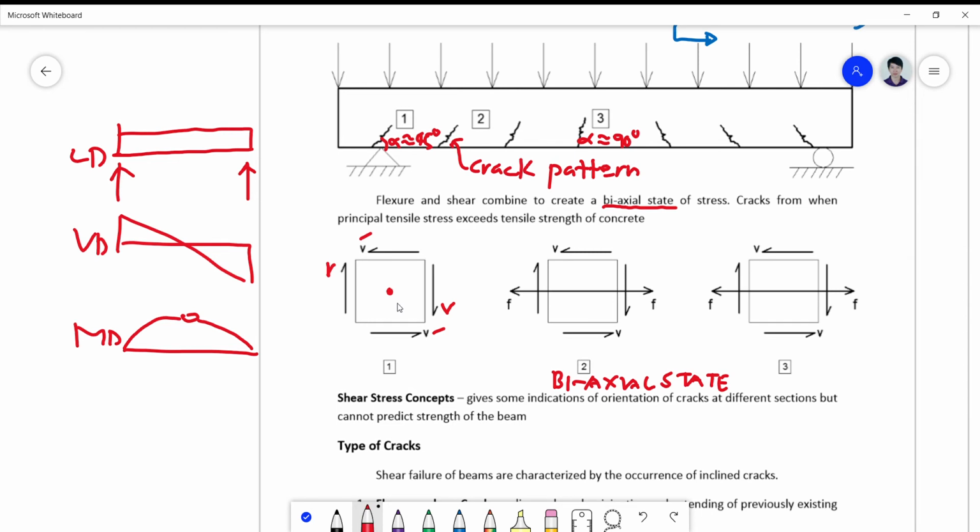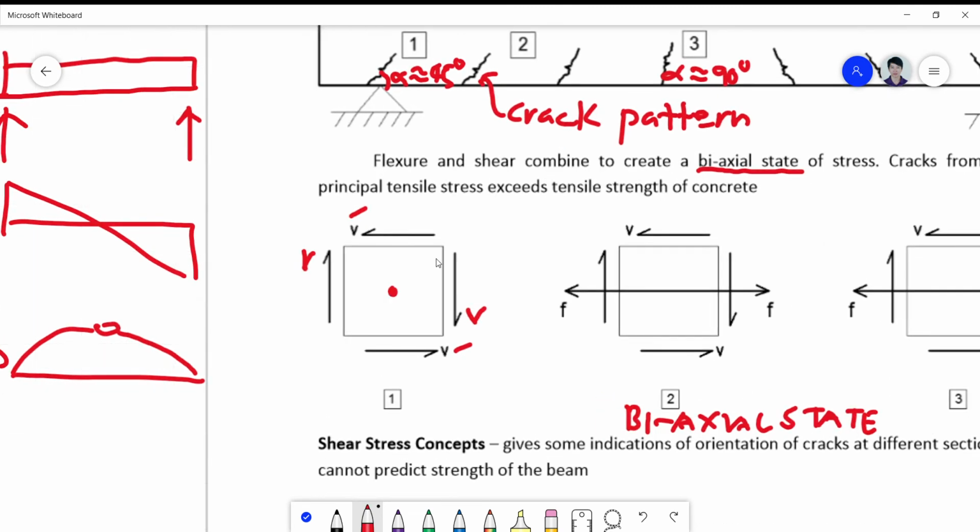Okay, so if you're going to look into this free body diagram, the resultant of these forces here, this force here and this force here, will tend to pull your square element going upward to the left, and this will tend to pull the element going downward to the right, such that your resulting crack will simply be perpendicular, almost perpendicular to the direction to which this resultant force is actually pulling.